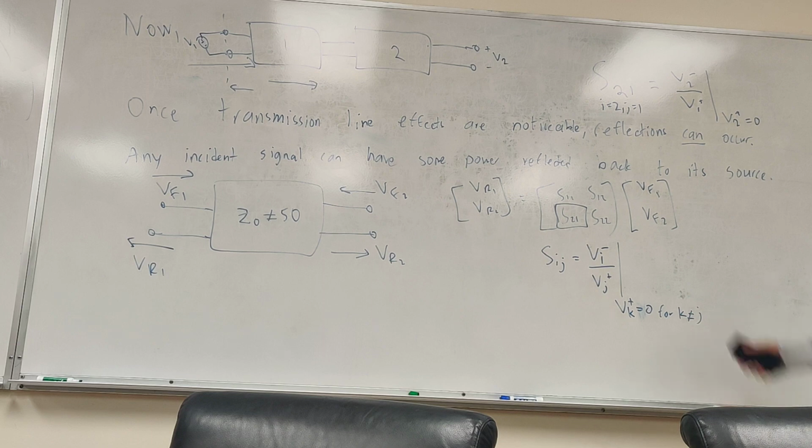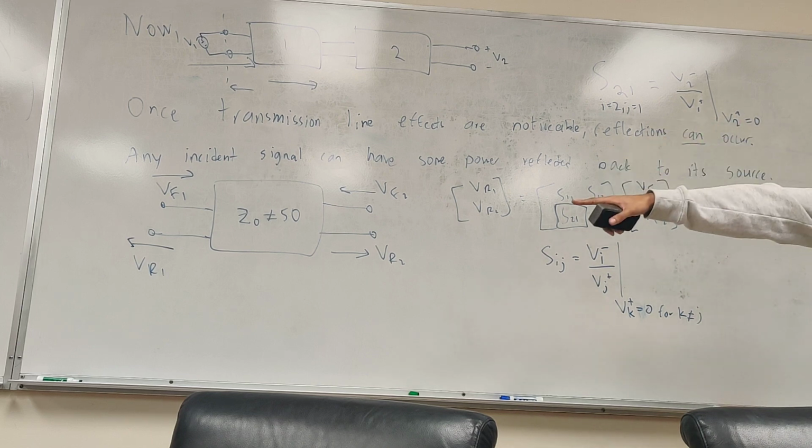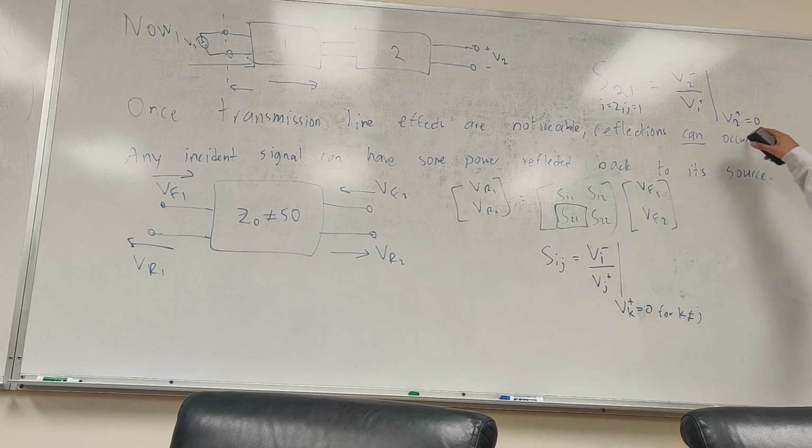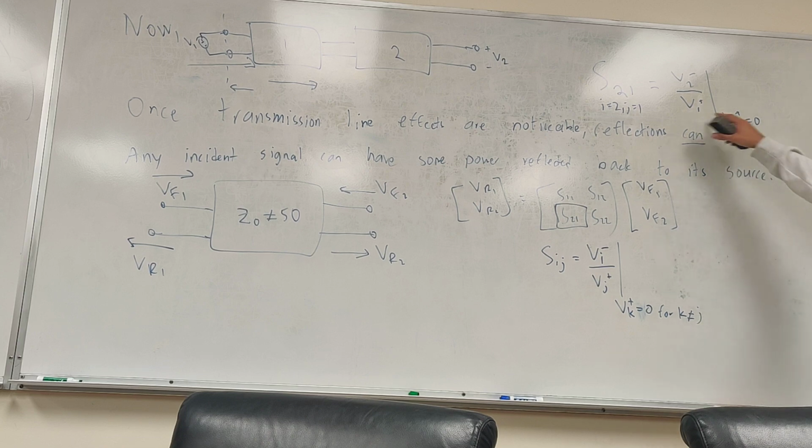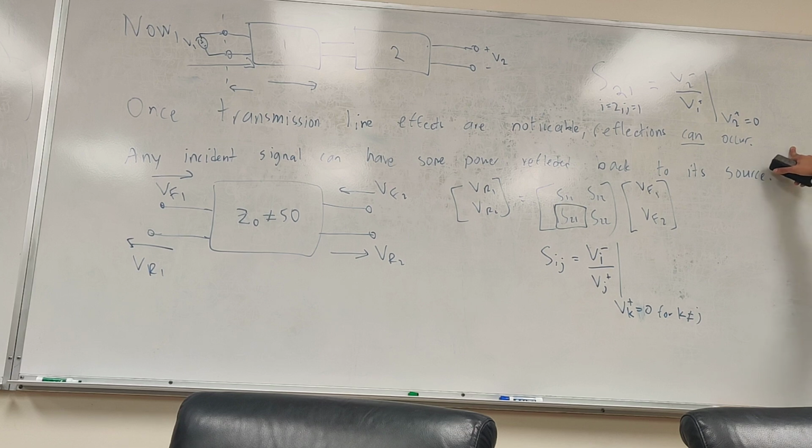We have excitation due to V1 plus, which is your VF1, and we don't have anything in V2 plus. This is the same thing as before when we can only excite from one side at a time. Slightly different notation, but you get the idea. Okay, any questions on that?